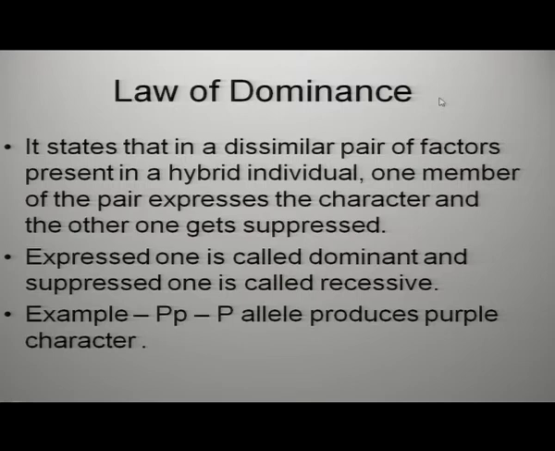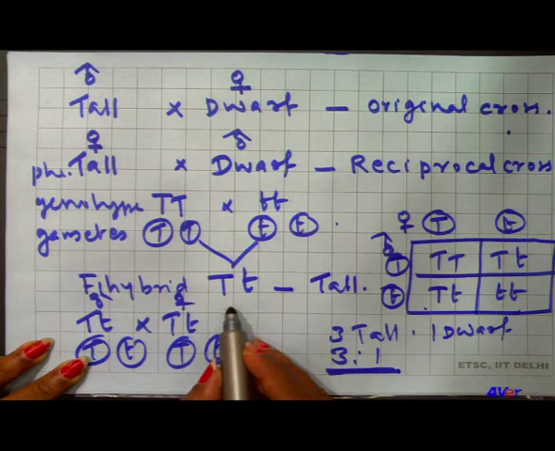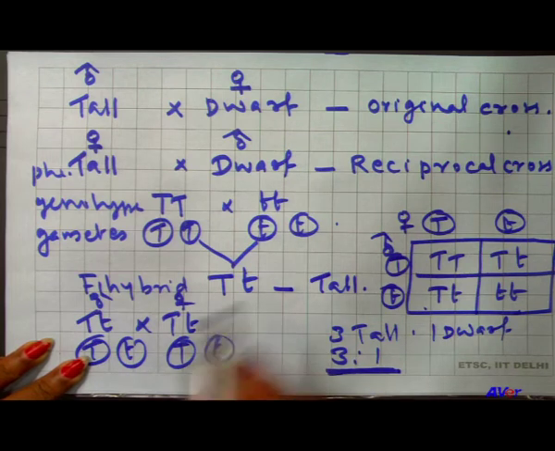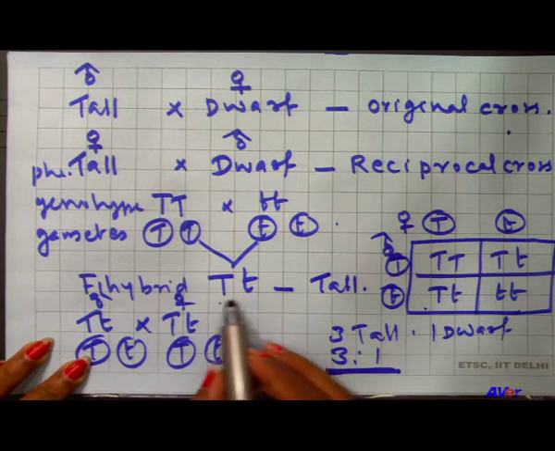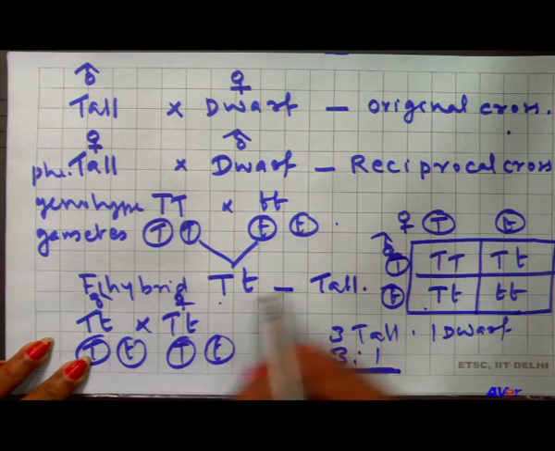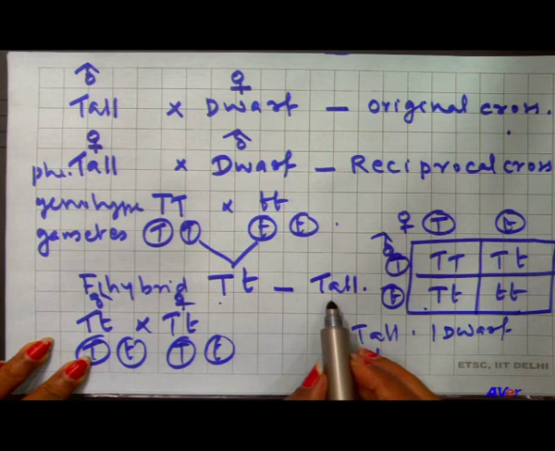Now, coming to the second law, that is the law of dominance. You can see the law of dominance here. Why does this progeny, the F1 hybrid, become tall? The law of dominance gives the answer. Here you can see two dissimilar alleles present in this hybrid individual.